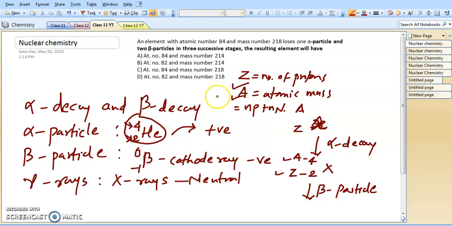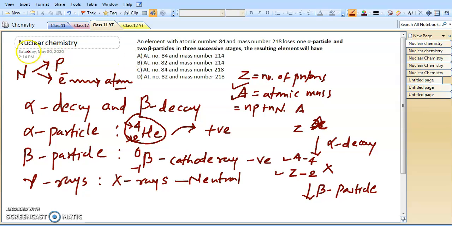But what is beta decay actually? When a neutron converts into a proton and an electron, and this fast moving electron leaves the surface of the atom, it is known as beta decay.